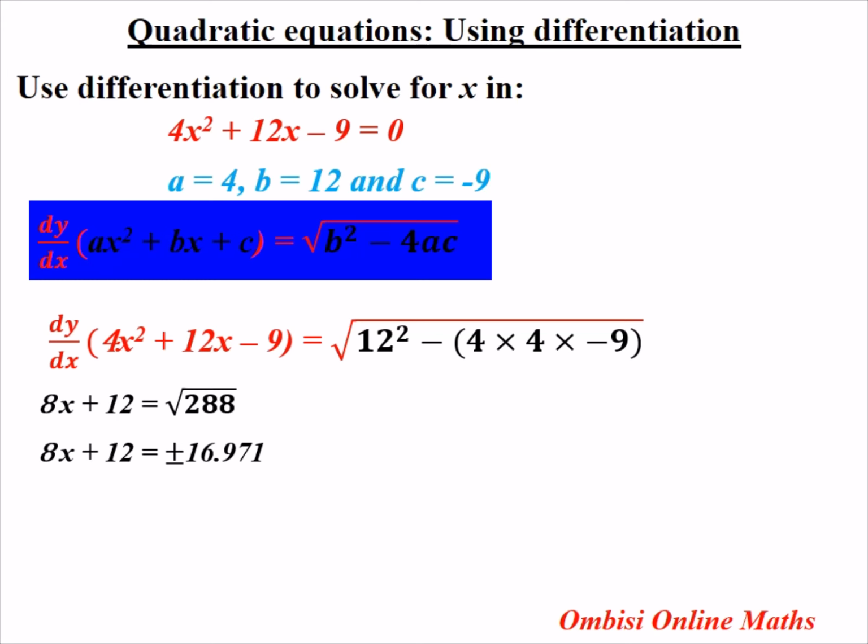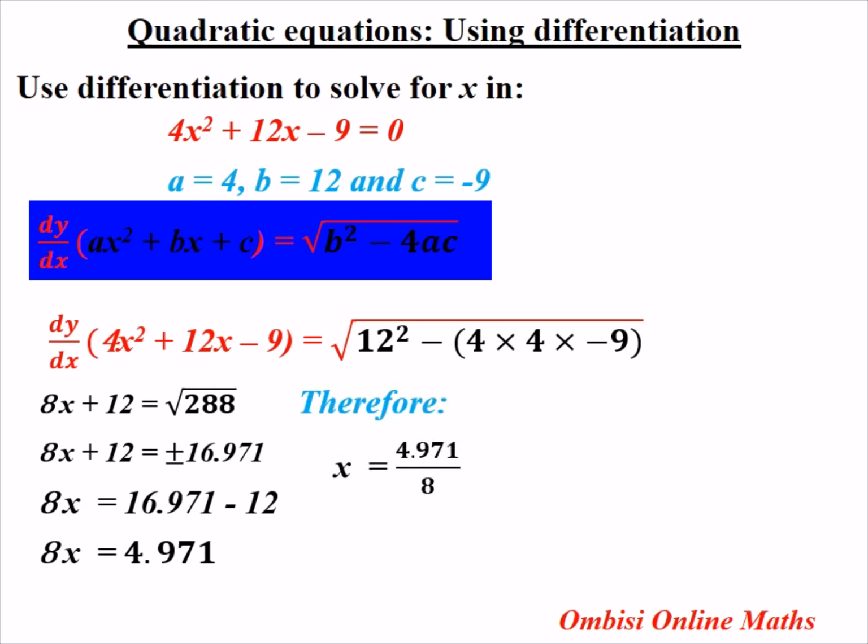The square root of 288 is plus or minus 16.971 to 3 decimal places. So 8x equals 16.971 minus 12 when the square root is positive, and it simplifies down to 8x equals 4.971. Therefore, the value of x is 4.971 divided by 8. You divide both sides by 8, and x gives us 0.6213 to 4 decimal places.